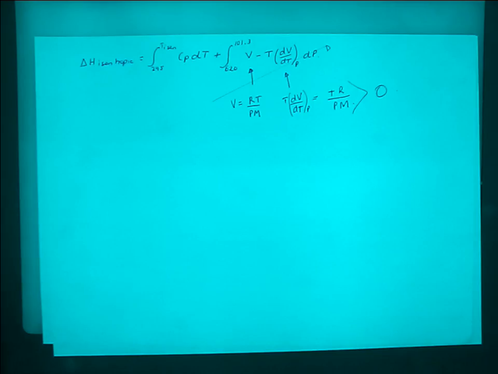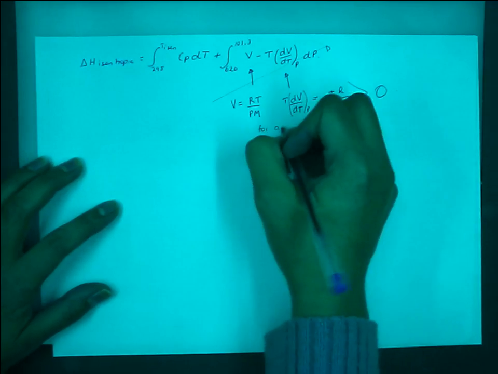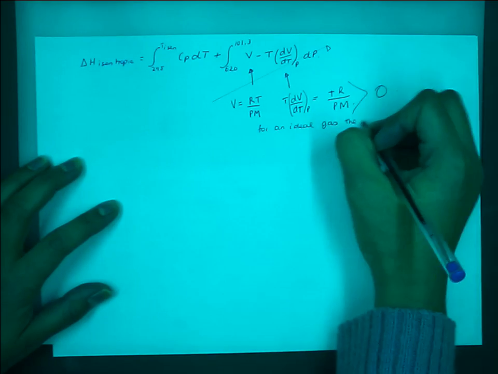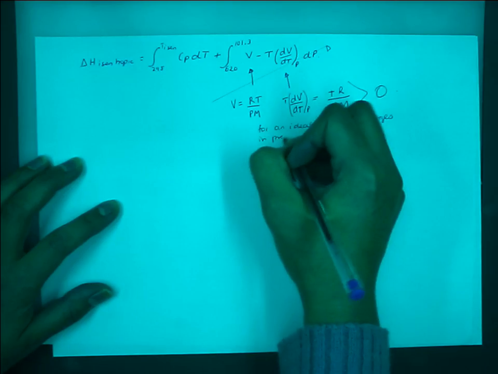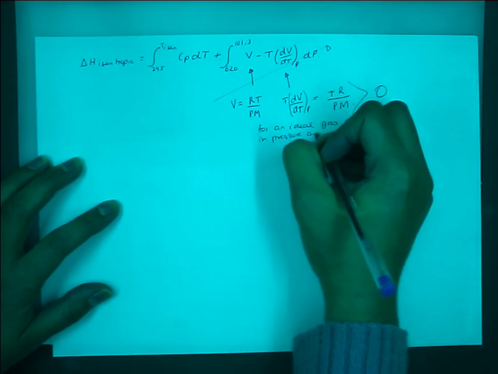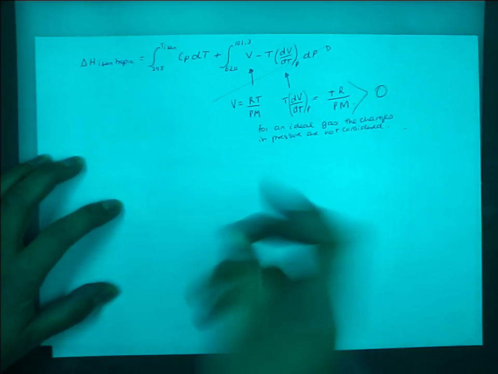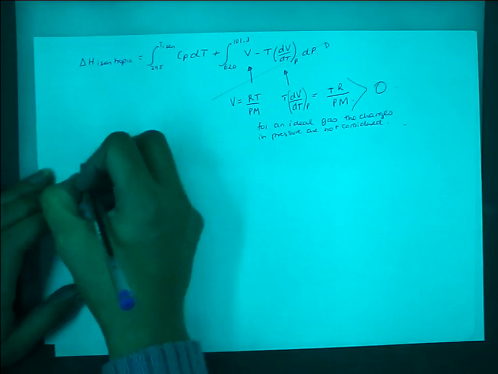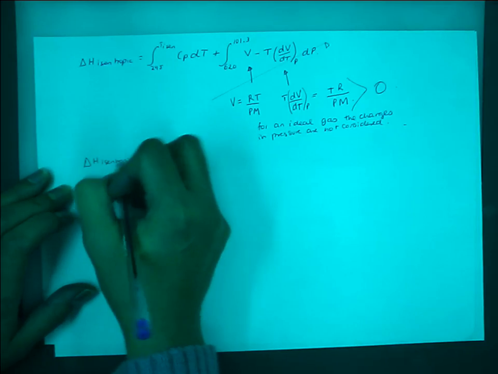So then it becomes very easy because delta H isentropic will be equal to only Cp dT from 295 to T isentropic. How much was T isentropic? 177. And then Cp dT, which is equal to Cp times 177 minus 295. Okay?